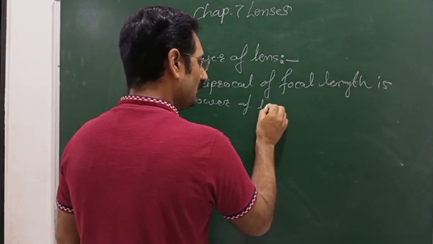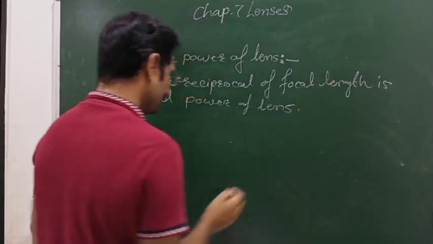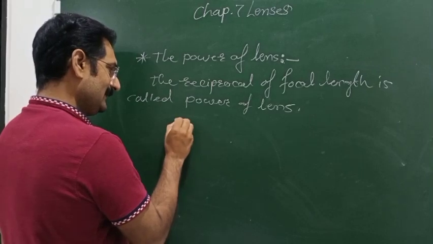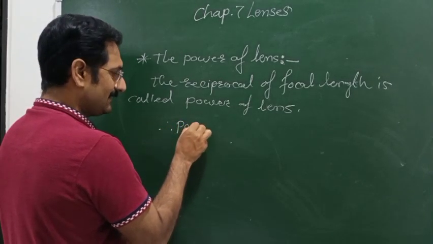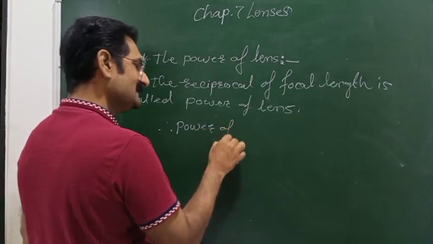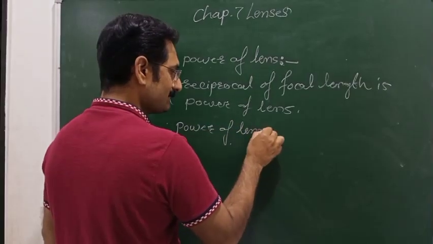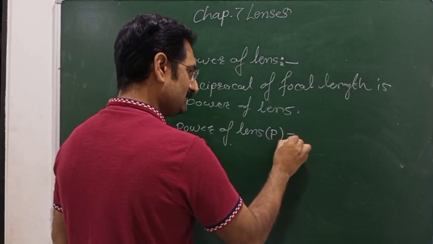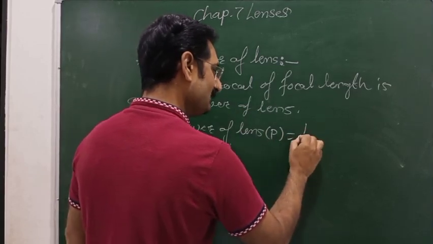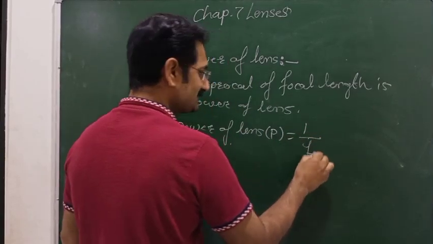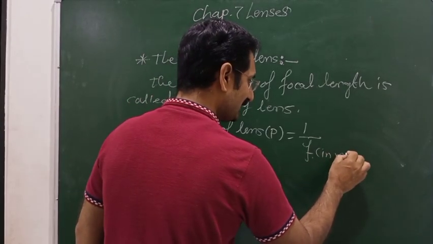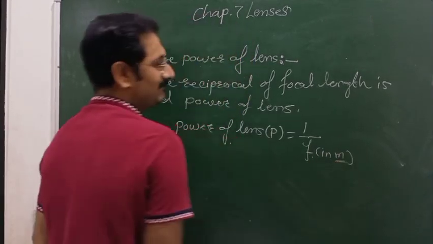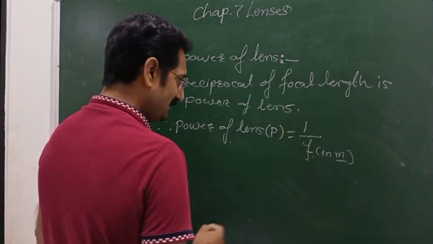So reciprocal of focal length कसा घेतला जातो लक्षात घ्या. आपल्याला माहिती आहे या ठिकाणी पॉवर ऑफ लेन्स जर आपल्याला डिटरमाइन करायची असेल तर हा फॉर्म्युला असेल. म्हणजे P is equal to reciprocal of focal length, means 1 upon f, but this focal length is in meter. ही focal length कशामध्ये कन्सिडर करावी लागेल आपल्याला, इन मीटर. मीटर मध्ये focal length असली पाहिजे.